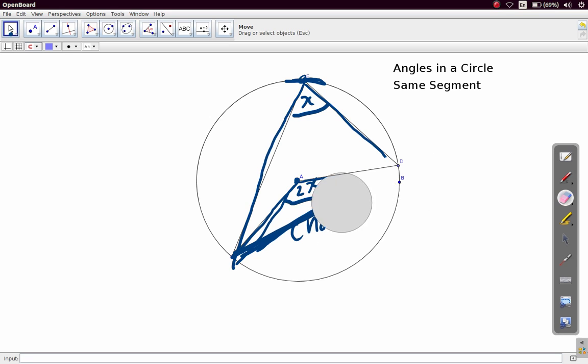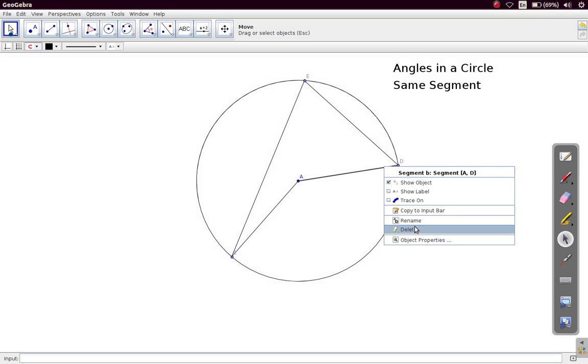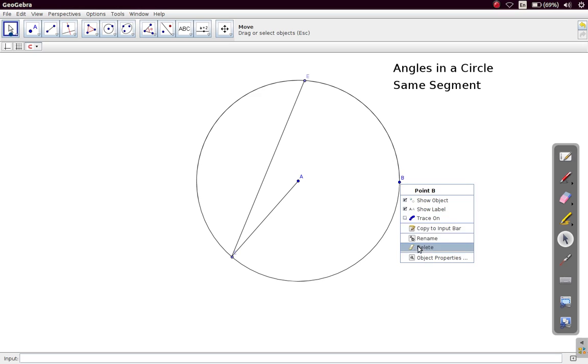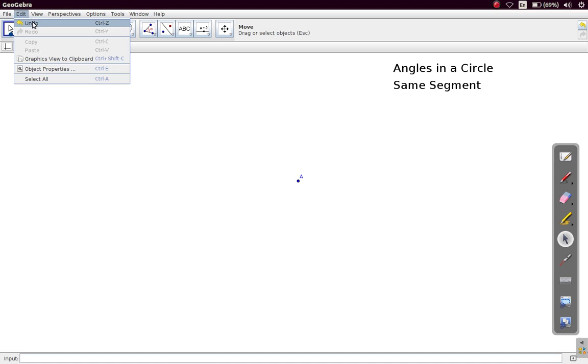All right. Now, let's look at angles in the same segment. Let me just make some adjustment here. I accidentally deleted my circle.